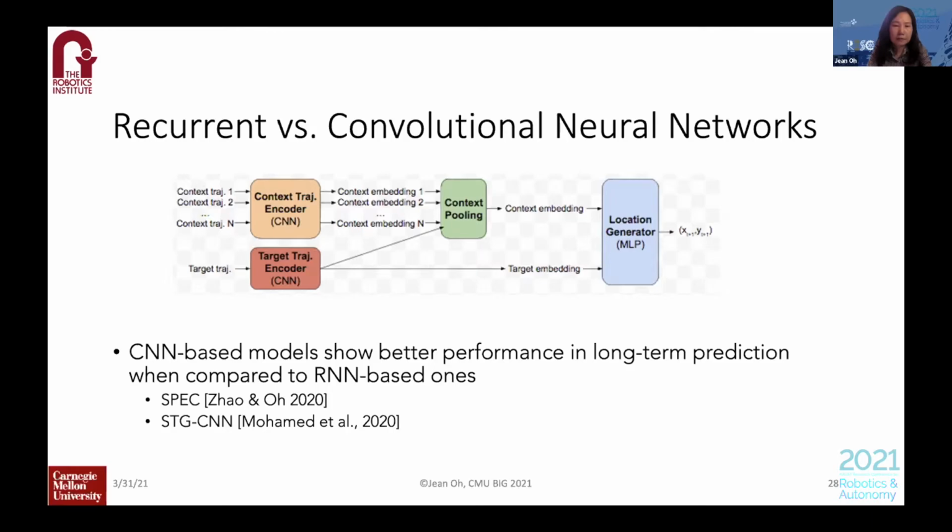Eagle, one of my students, tried the idea and it actually was the case. It performed slightly better. And almost at the same time, another very similar paper came out and their conclusion was also the same. So there is no strict winner here, but there are some benefits of using CNN.